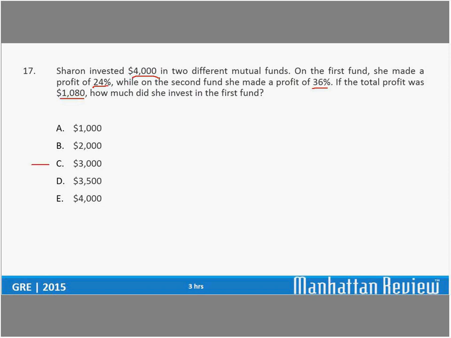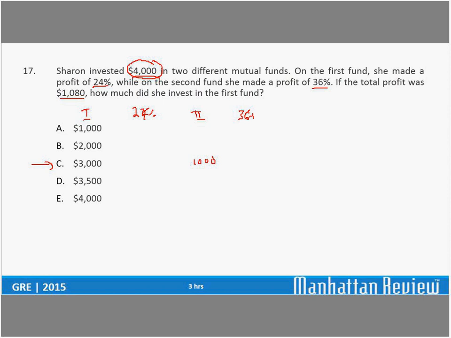So start with option C, assuming option C is the first fund, that is 3,000. Obviously, the second fund should be 1,000, because the total fund is 4,000. In the first fund, the profit percentage is 24%, and in the second fund, it is 36%.